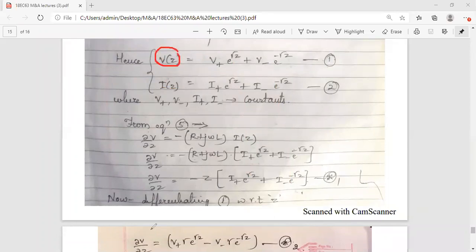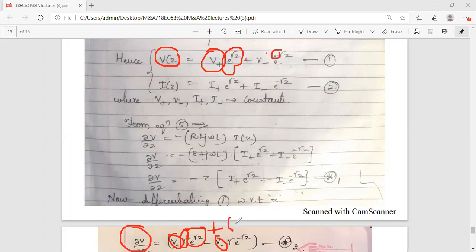∂/∂z of V(z) is equal to V plus, differentiation of this: e raised to x will be e raised to x only, e raised to ax will be a into e raised to x. So that constant will come here, gamma into e raised to gamma z, plus V minus into, as we have a negative sign here, one negative sign will come, hence this will become negative.